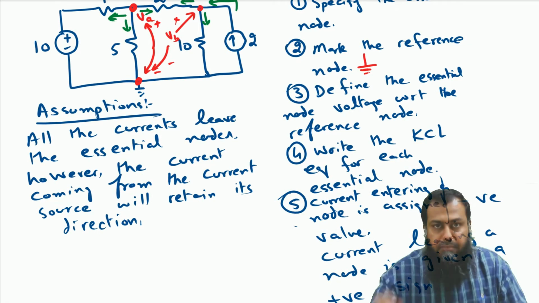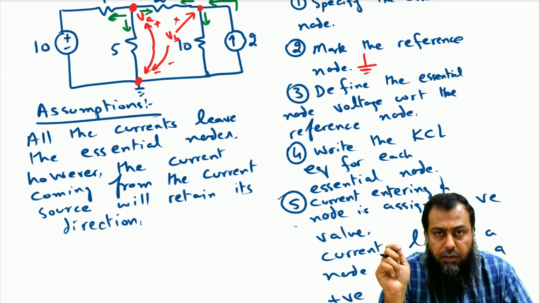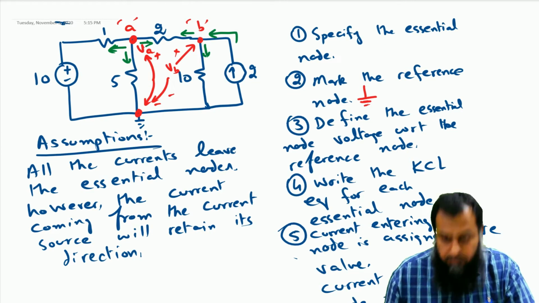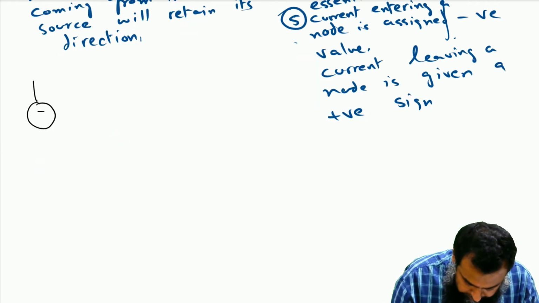With these three things in mind, we shall now apply Kirchhoff's current law on node A as well as on node B. This is the circuit.